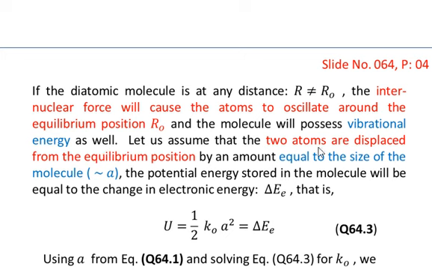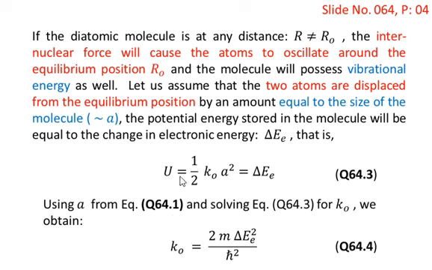Let's assume that the two atoms are displaced from the equilibrium position by an amount equal to the size of the molecule, of the order of A. The potential energy stored in the molecule will be equal to the change in the electronic energy, delta EE. That is, the potential energy U will be equal to half times K naught times A squared, and this will be equal to delta EE.